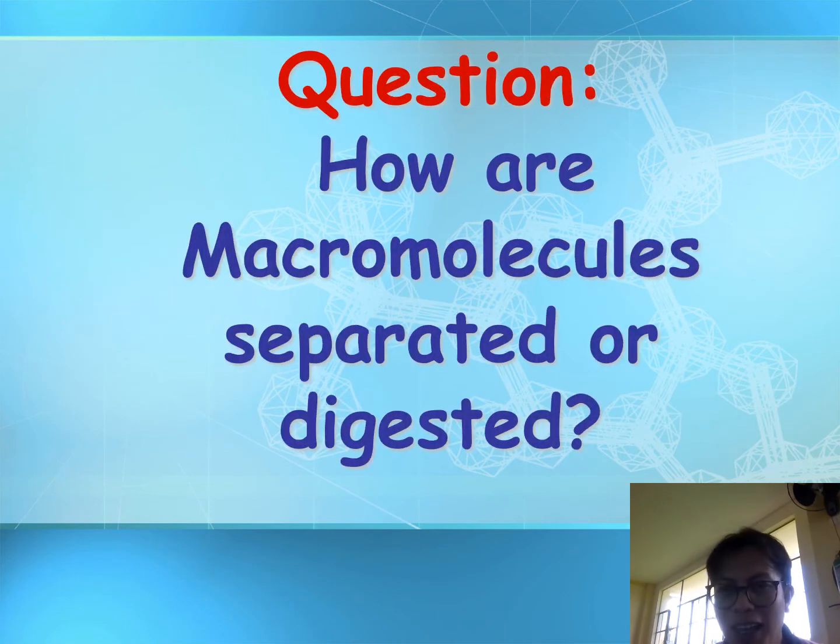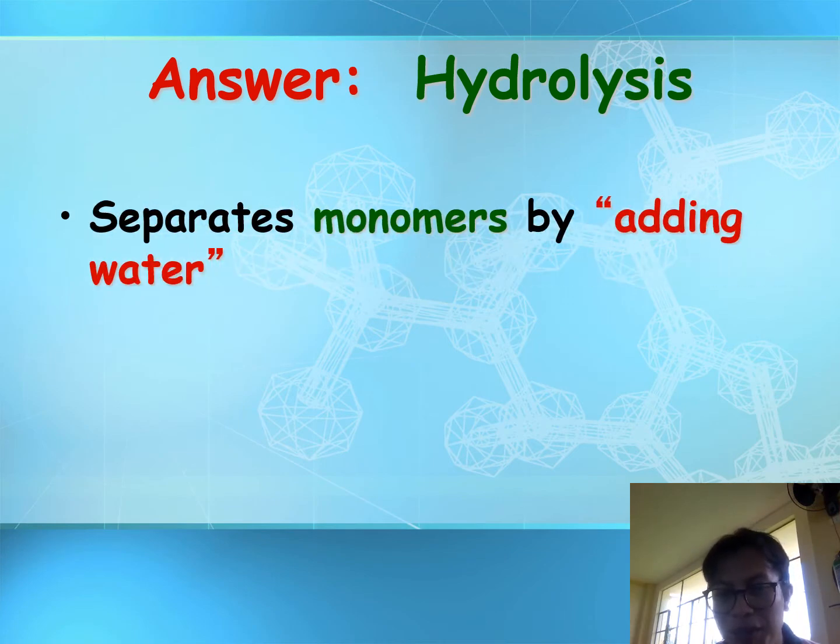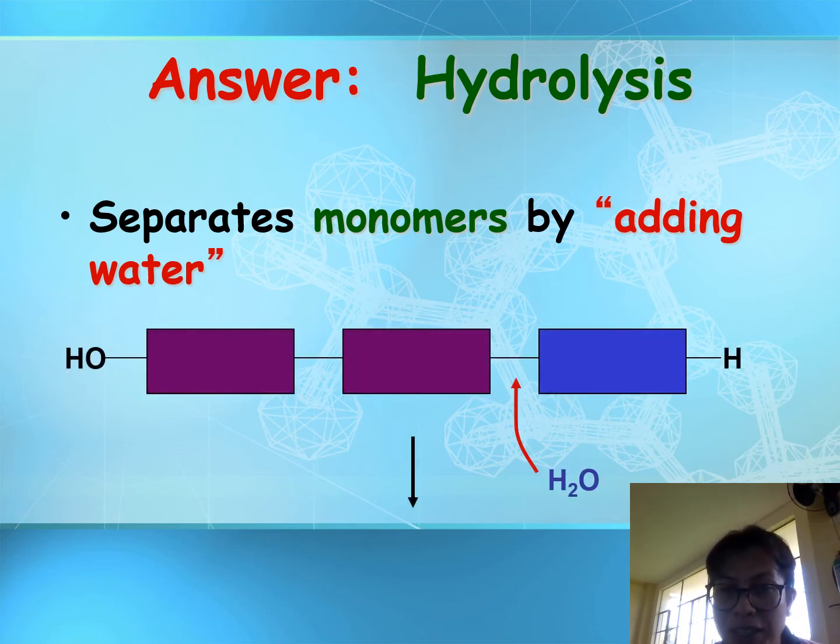Another question: how are macromolecules separated or digested? The answer is hydrolysis. What happens during hydrolysis is that it separates monomers by adding water. Earlier, the formation of macromolecules was by removing water, which creates a molecule.